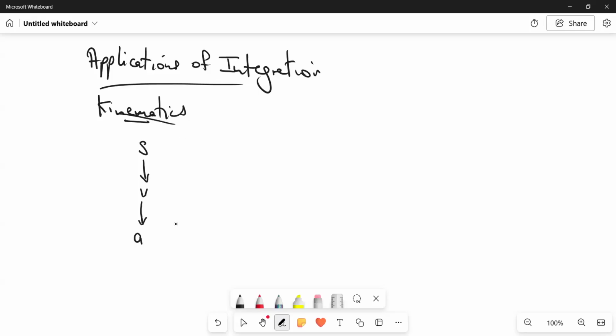You can guess what we can do here. If you have acceleration and you integrate, you're going to get velocity. And if you integrate velocity, you will get displacement. This is the application we're going to be concentrating on, doing the opposite. Remember, integration is the opposite of differentiation.